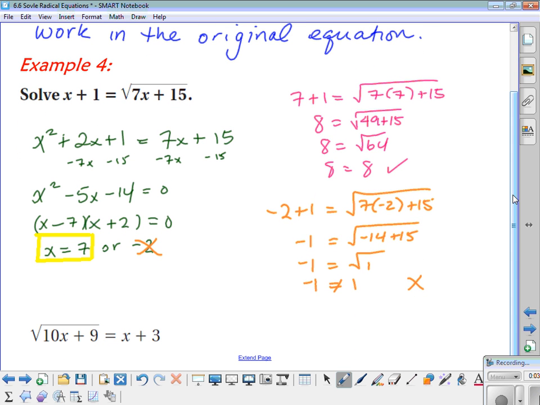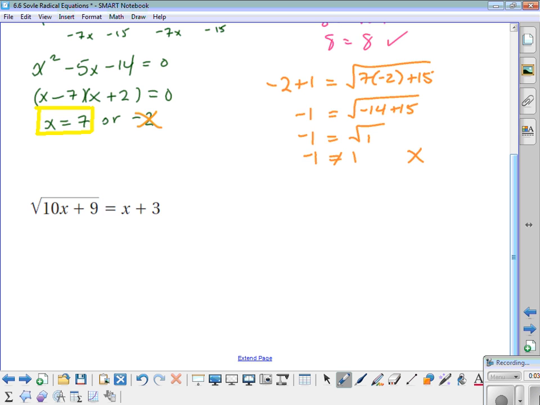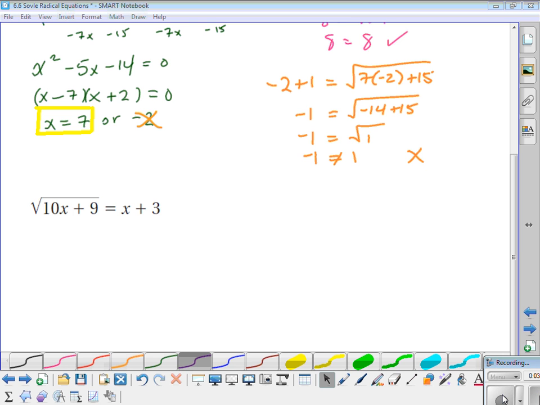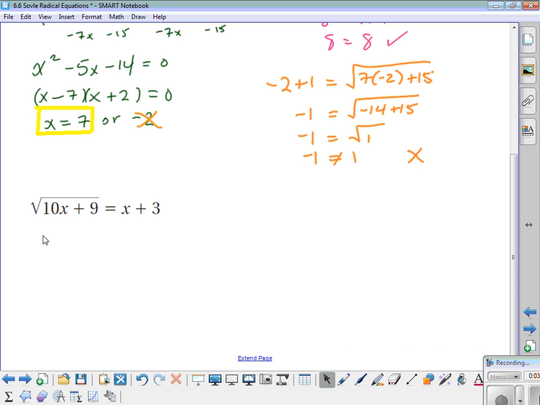The square root of 10x plus 9 is equal to x plus 3. All right, so most of you were doing okay initially. You got the x squared plus 6x plus 9, and you got down to where 0 was equal to x squared minus 4x, and then some of you kind of got thrown off by that.